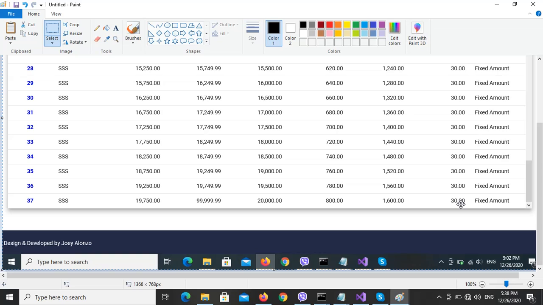So in case it is per period, still the gross pay will be ranged from here, but then what will happen is that on the next payroll you will again add the gross pay. So the gross pay for the month will now be ranged here. So whatever is the balance, that will be the one that you will pay.